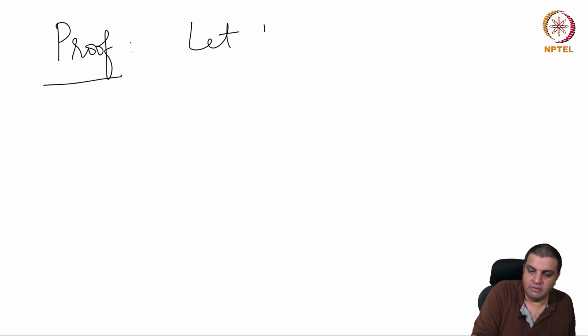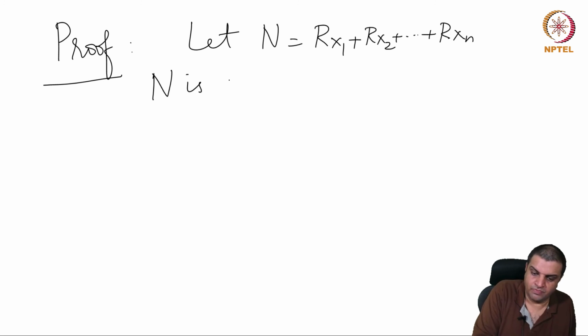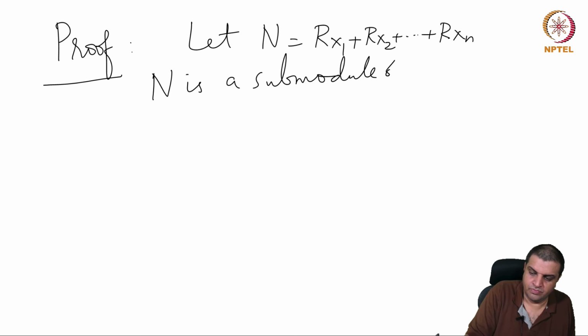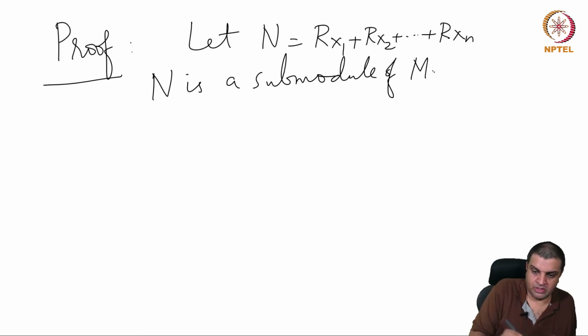Let N be the submodule of R linear combinations, R multiples and sums of these n elements. So this is a submodule of M. Okay. What do we know about this module?